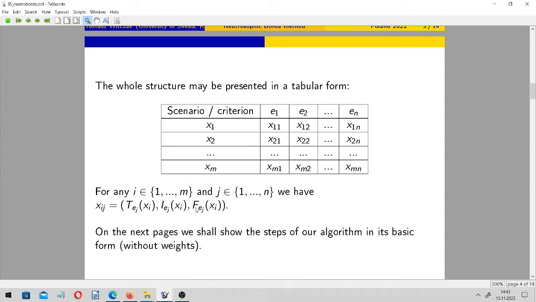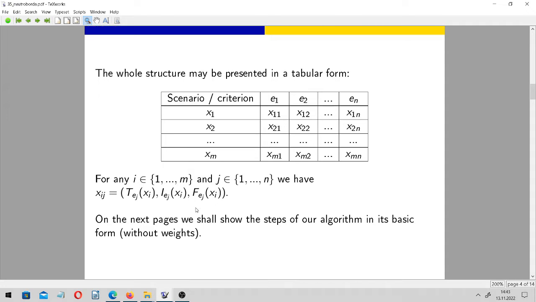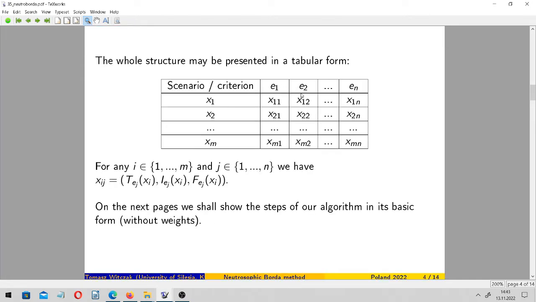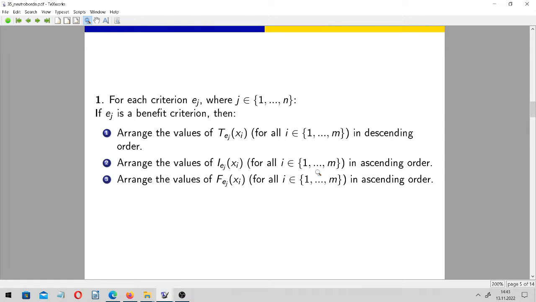On the next pages, we shall show all the basic steps of our algorithm in its simplest form. So, for example, without weights, without a weighting system. For each criterion, so for each column, for each criterion ej, where j belongs from 1 to n, if it is a benefit criterion, then we arrange the values of truth evaluations for our object i in descending order, while the values of indeterminacy and falsity are in ascending order.